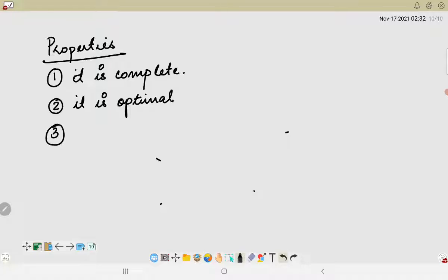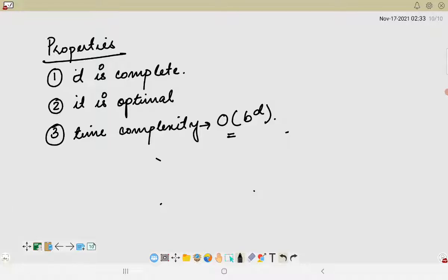And the third one is that the time complexity here is also less as compared to other search algorithms, which is big O b to the power d. This is similar to what we have already done, but it is lesser when compared with other algorithms of game playing, as well as other searching strategies.